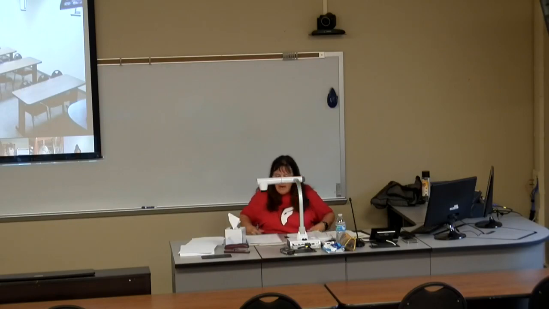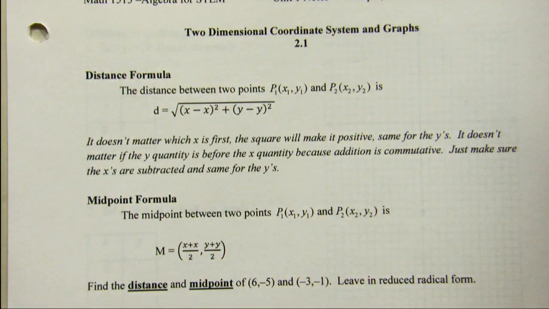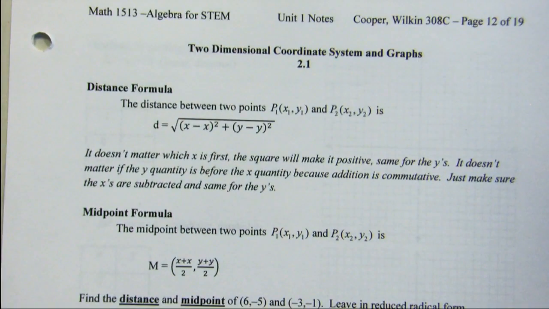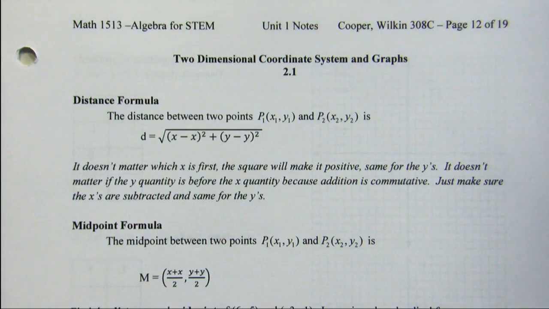All right. We're going to look at two-dimensional, oops, let me get back to my document camera. Again, we've got a section here that I have taught before in Algebra 1 in high school. So you may not remember it, but you have seen this before.